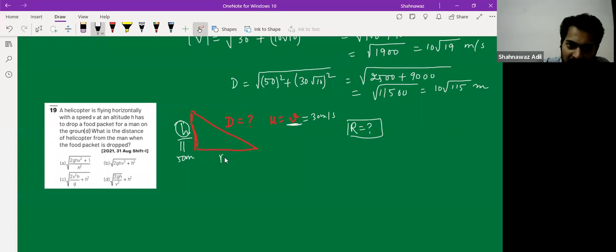If we know R, then surely we can calculate this T, right? Okay. So what was R? It was U root 2H by G, right? Okay.